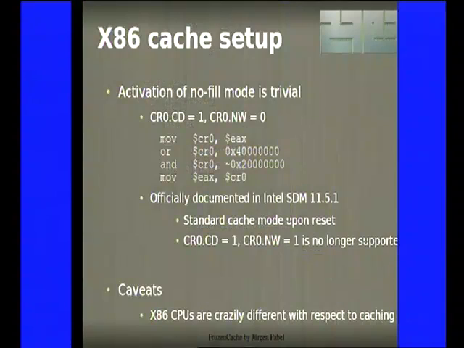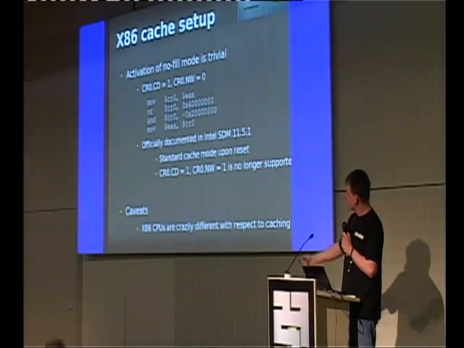So when you want to activate the no-fill mode, all you have to do is flip 2 bits, the cache disable and the not write-through bit, and we have the assembly instructions up here.